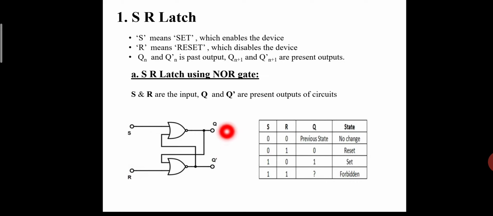That means if Q is 1, Q bar must be 0, but in this condition both the outputs are 0 0. This is not possible in Boolean operations. Therefore we call this condition a forbidden case or indeterminate state.